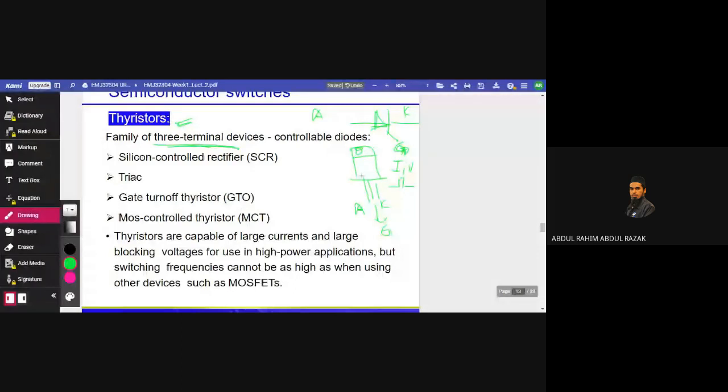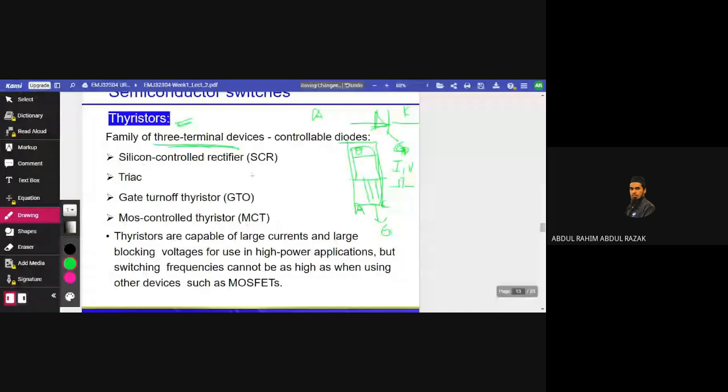From the outside, physically, all the components look like this. A three-terminal device like this.